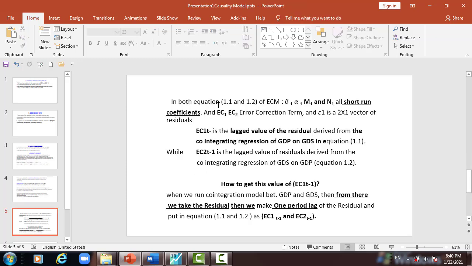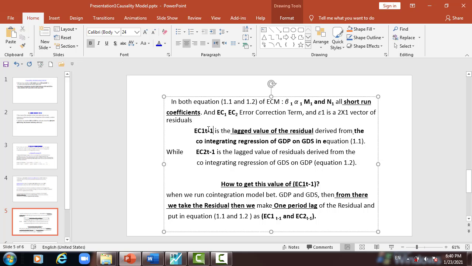Now here we can see ECT1 is the lagged value of the residual derived from the cointegration regression of GDS on GDP in equation 1.